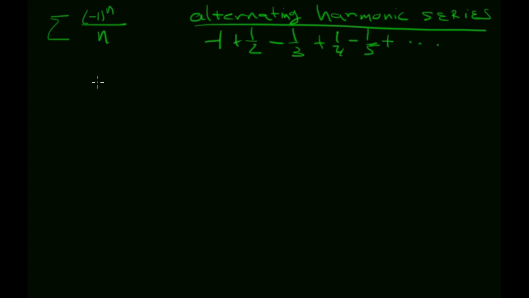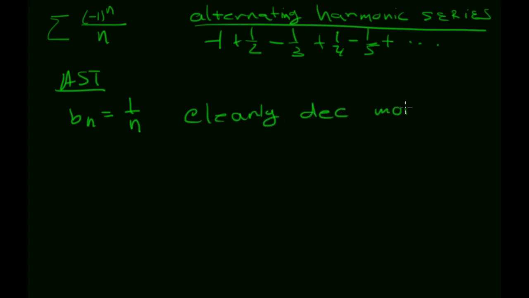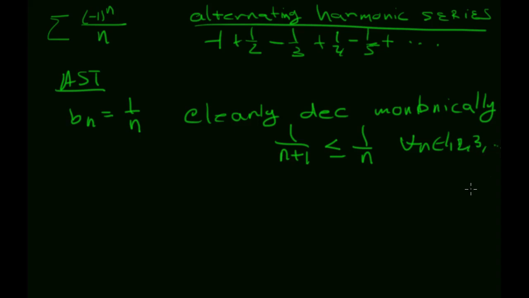All right, so let's apply the alternating series test to this. b to the n is going to be 1 over n. This is clearly decreasing monotonically. 1 over n plus 1 is always less than or equal to 1 over n for all n when I count 1, 2, 3, 4, and so forth.